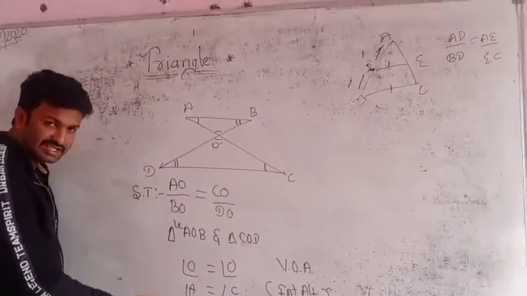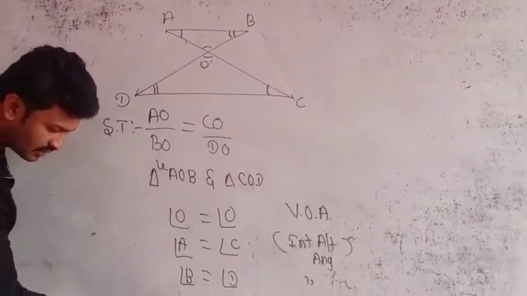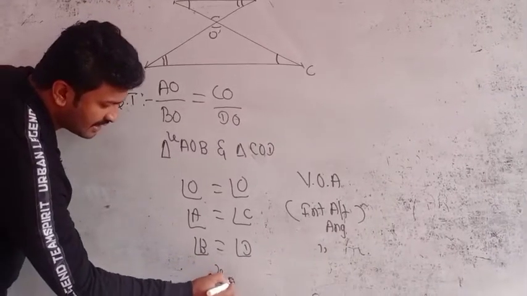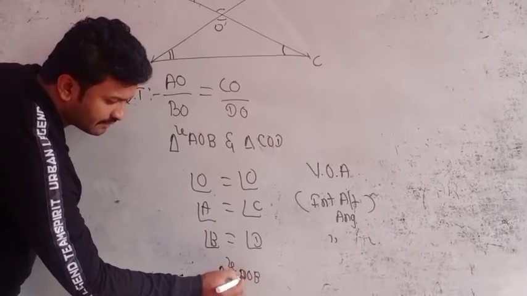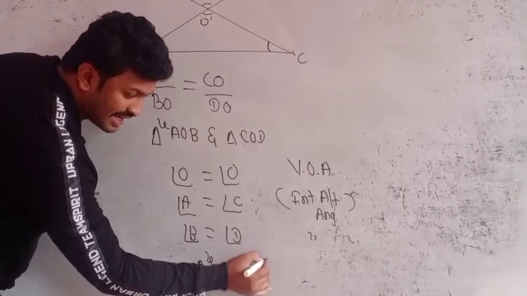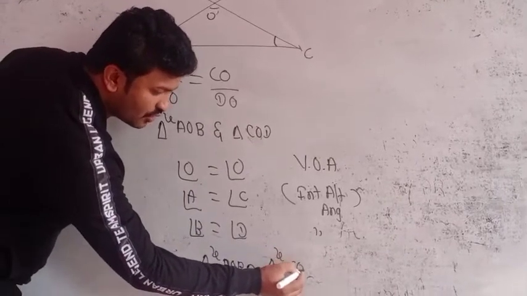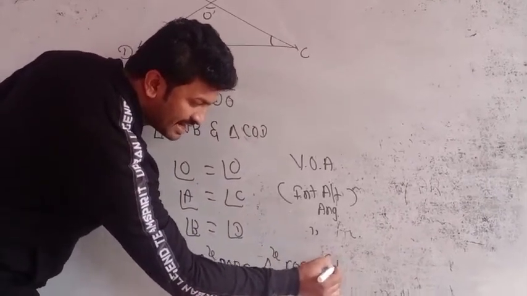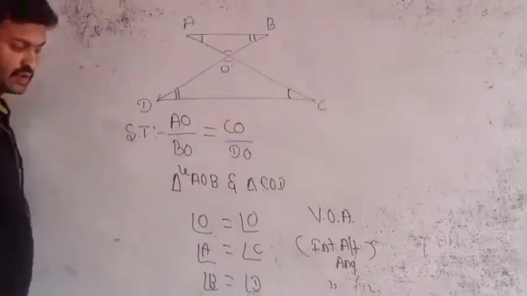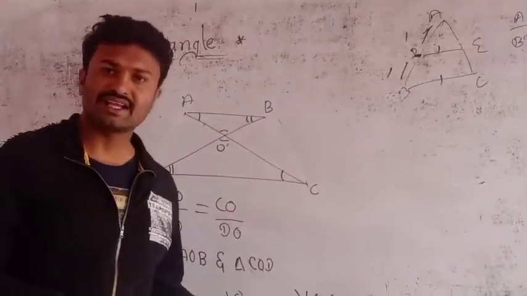By the above three statements and reasons, we can say, therefore, triangle AOB is similar to triangle COD by AAA criteria. Now, both triangles are similar.